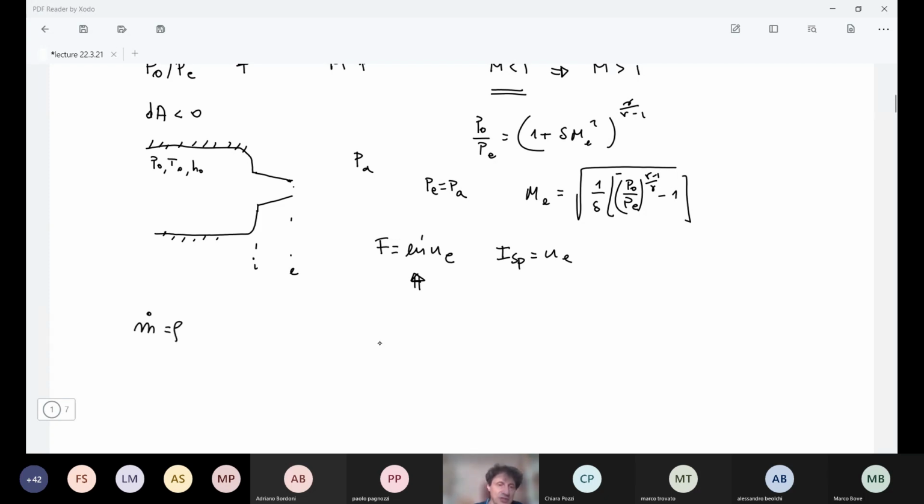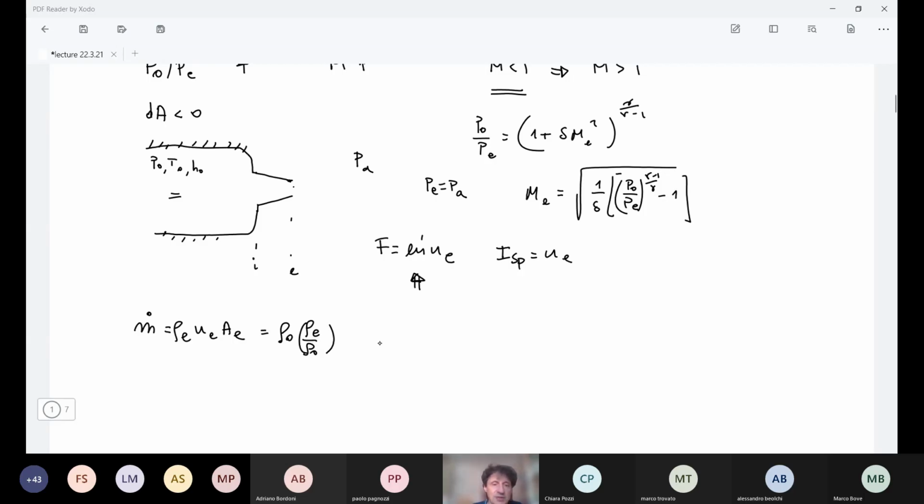Dot m is equal to rho e ue Ae, and we can exploit the properties of our isentropic flow to make appear in this expression the constant values that we have in our enclosure, which are written with the subscript 0, right? So the total values. For the density, I will consider rho e over rho 0 times rho 0.